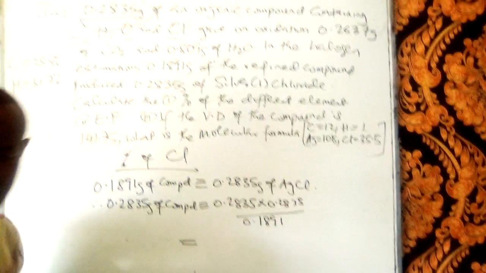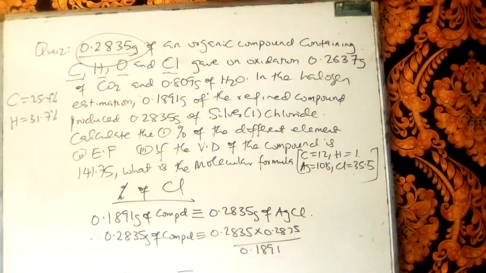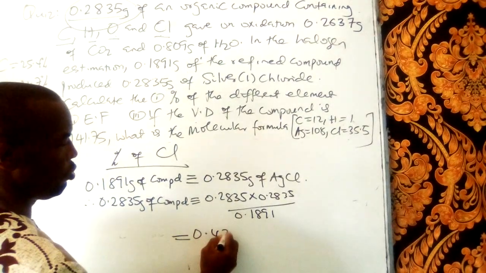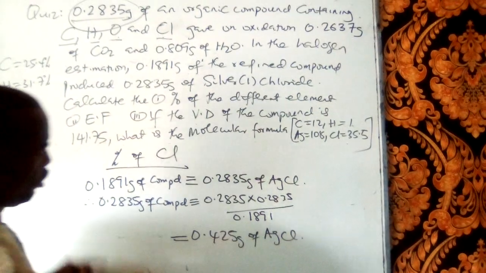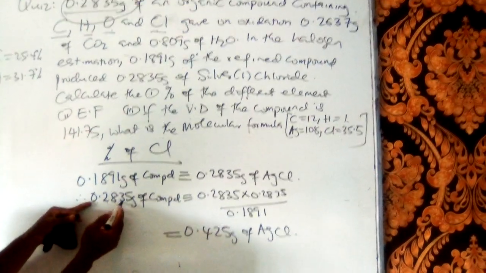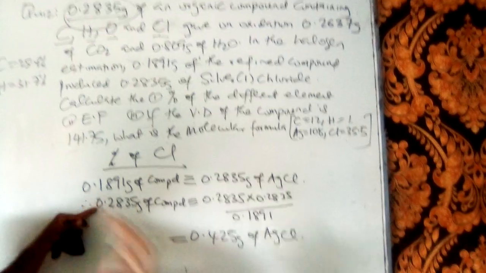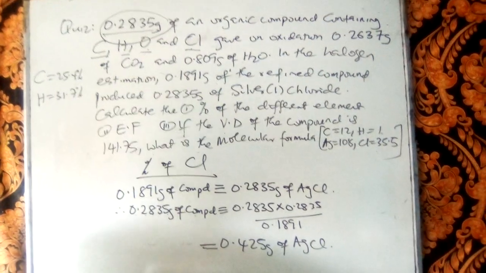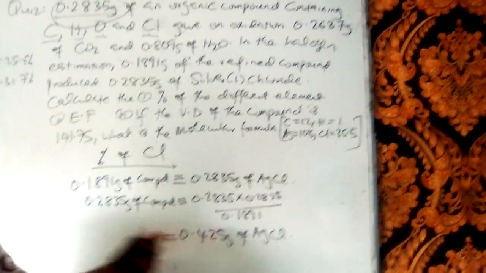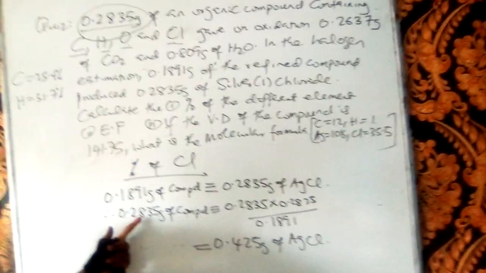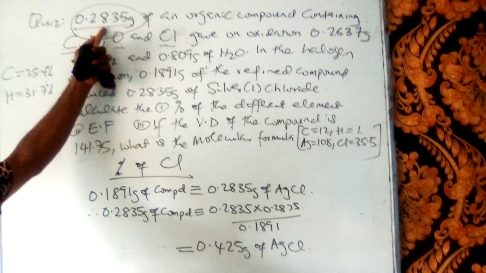So using the calculator, we now have 0.425 grams of silver chloride that will be produced by 0.2835 of the compound that was subjected to combustion. So we are still going on, we're not yet at that of chlorine. So we now have 0.425 grams of silver chloride produced by burning 0.2835 of the compound given to us in the question.